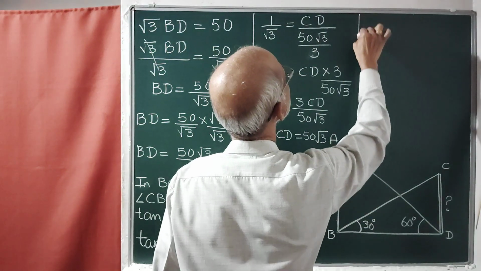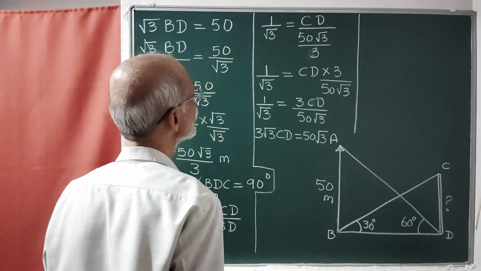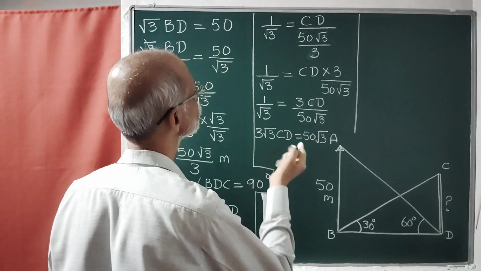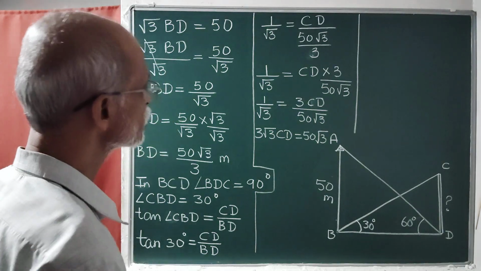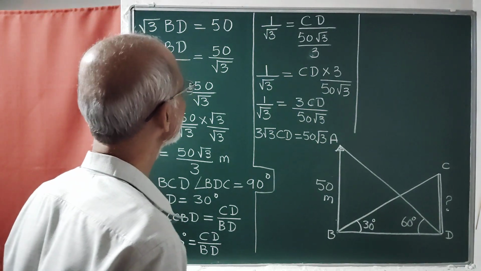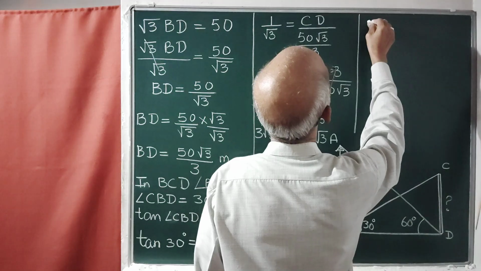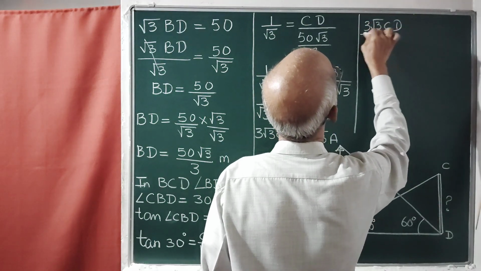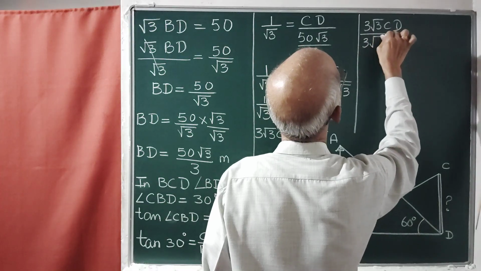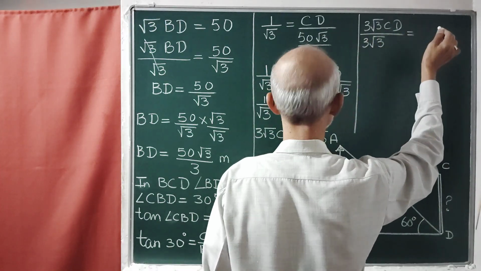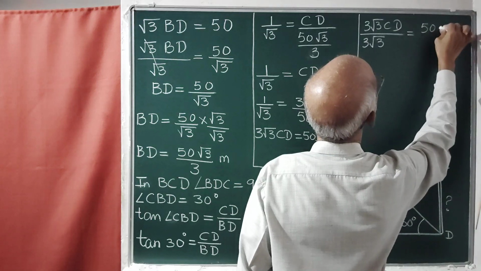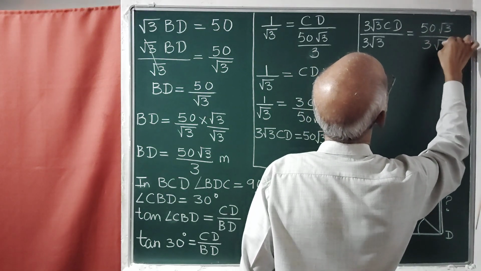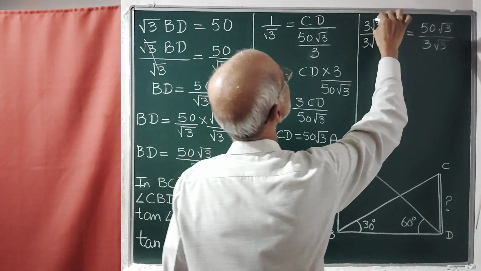Now I'll divide both sides by 3 root 3. So 3 root 3 CD by 3 root 3 is equal to 50 root 3 by 3 root 3. Here root 3 will get cancelled.